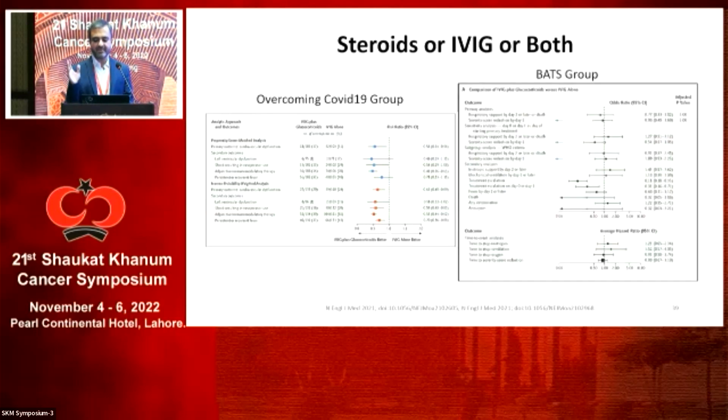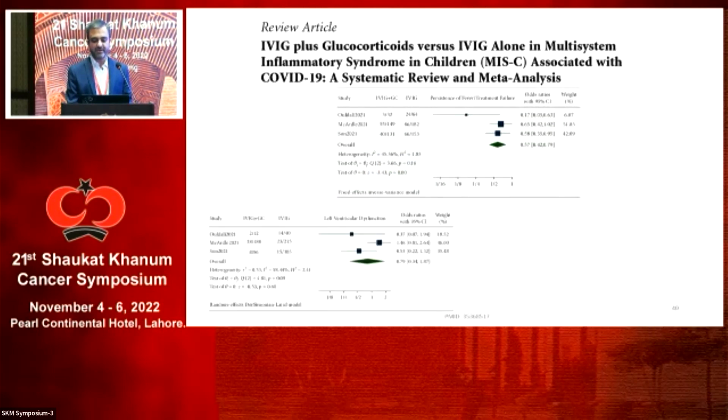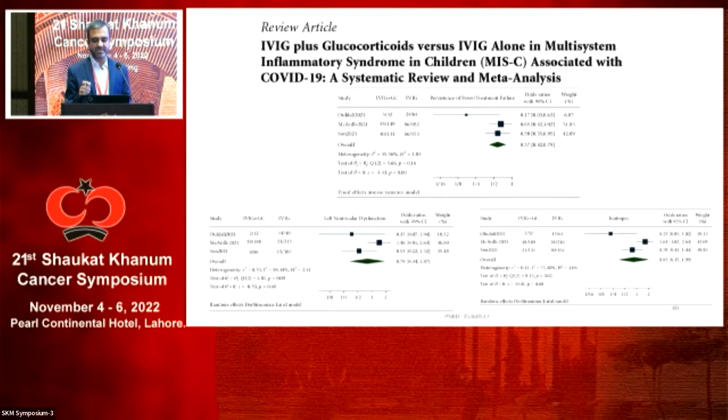While the BATS group from the UK said that the evidence is kind of plus minus, with steroids plus IVIG or IVIG alone. And a meta-analysis also showed that patients who receive IVIG plus steroid have better left ventricular dysfunction and less need for inotrope as compared to patients who only got IVIG.